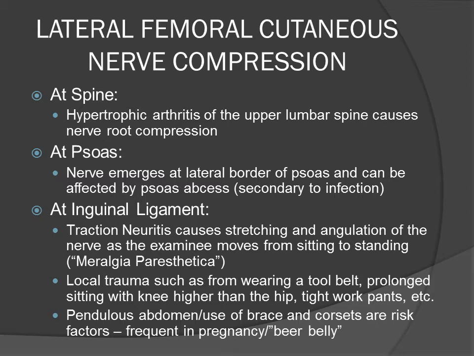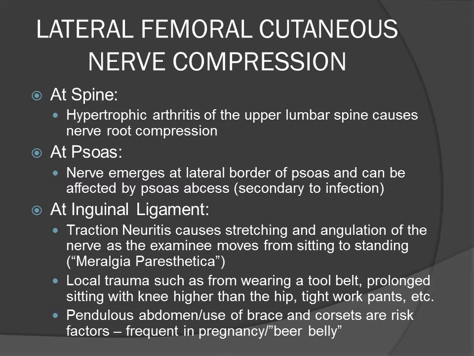At the inguinal ligament, the nerve can be damaged, and there are several different causes or situations that cause injury to the nerve at the inguinal ligament, one of which is traction neuritis, or an excessive or repetitive pulling on the nerve as it passes underneath the inguinal ligament.